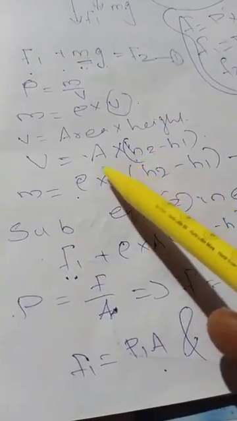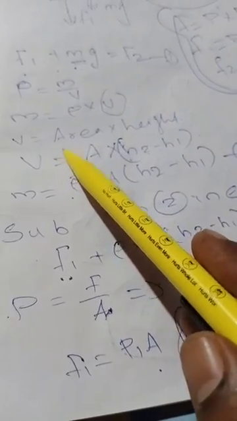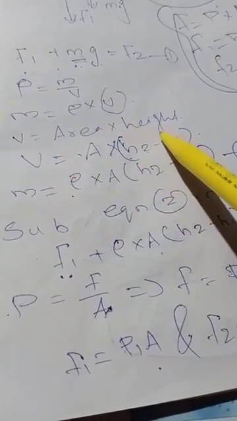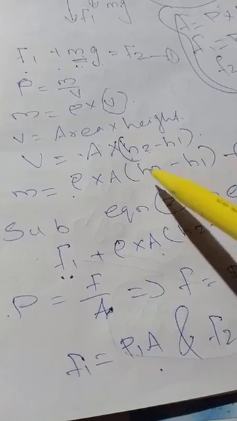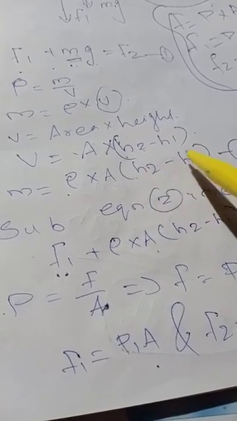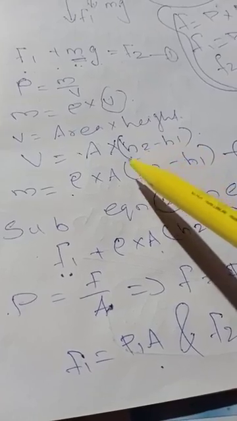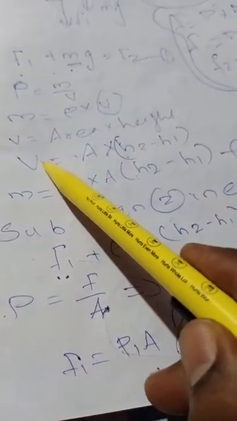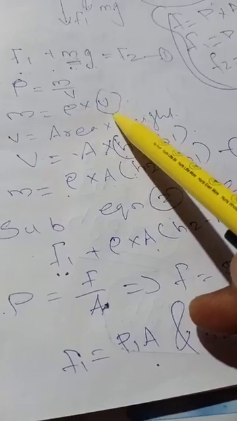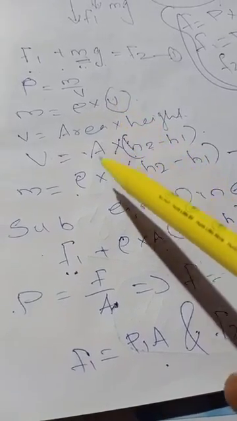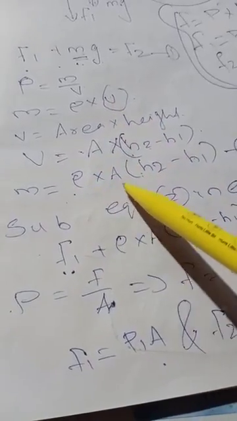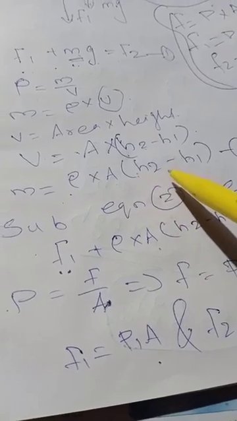Volume is equal to area into height, where h means H2 minus H1, the height difference. Substituting this volume, M is equal to rho into A into (H2 minus H1).